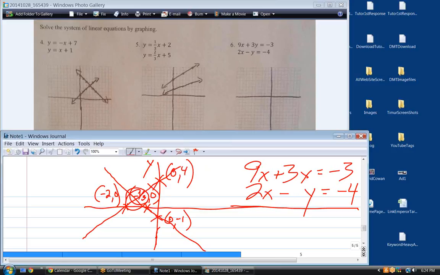It's not going to be easy to eliminate the x, is it? No. Because 2 doesn't go into 9. I'd have to introduce fractions. But it's going to be quite easy to eliminate the y. What do I have to make the bottom function have in front of this coefficient? 3. Okay, so how do I get that?